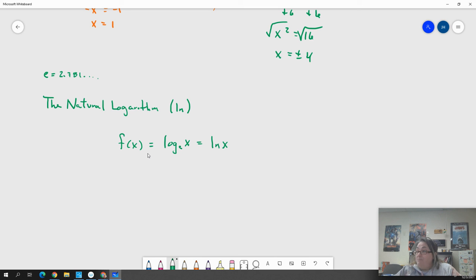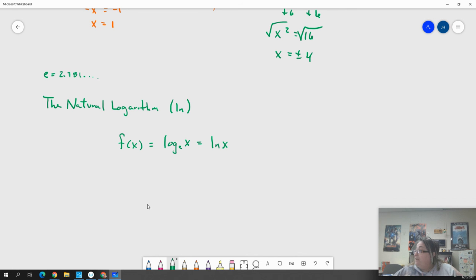And instead of writing that, we write it as ln of x. Does that make some sense? So anytime we have a base that is a number, we use log. Anytime that we have a base that is e, we use ln, right? Because that's the inverse of e.